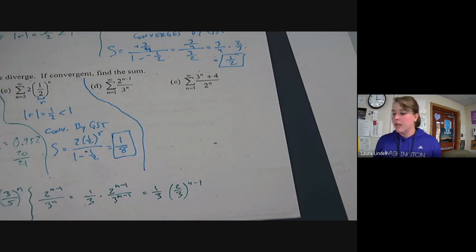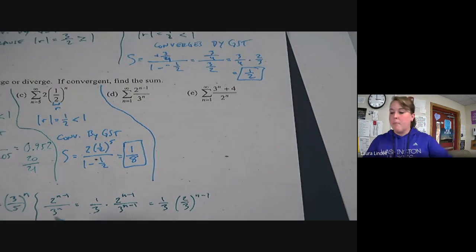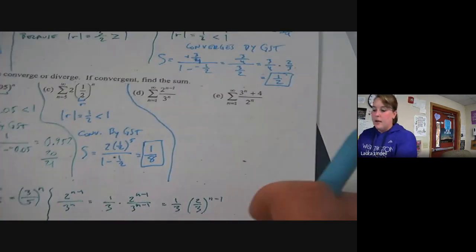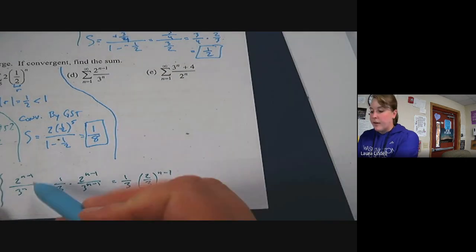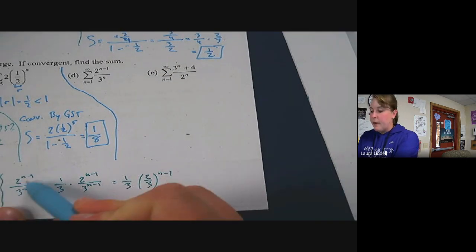But anyways, next one. N equals 1 to infinity, 2 to the n minus 1 over 3 to the n. And we already talked about this one a little bit yesterday in this part down here when we talked about manipulating exponents a little bit. So we already broke this one down, actually. 2 to the n minus 1 over 3 to the n.